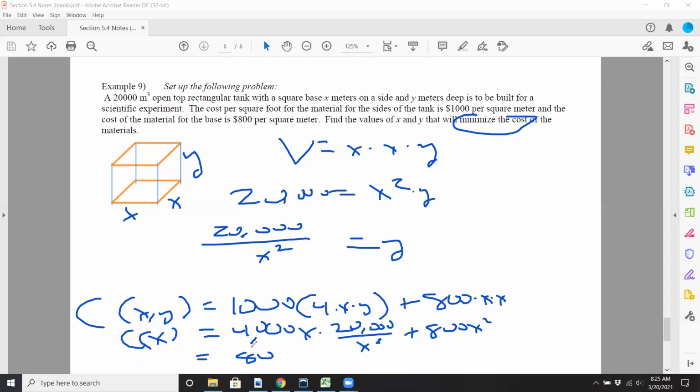No, I lied, 80 million, which is a really big number, of course, times x to the negative 1 power plus 800 x squared. Then take the derivative with respect to x, set it equal to 0, get your critical values, do the first derivative test, check the concavity, and you'll be A-okay.